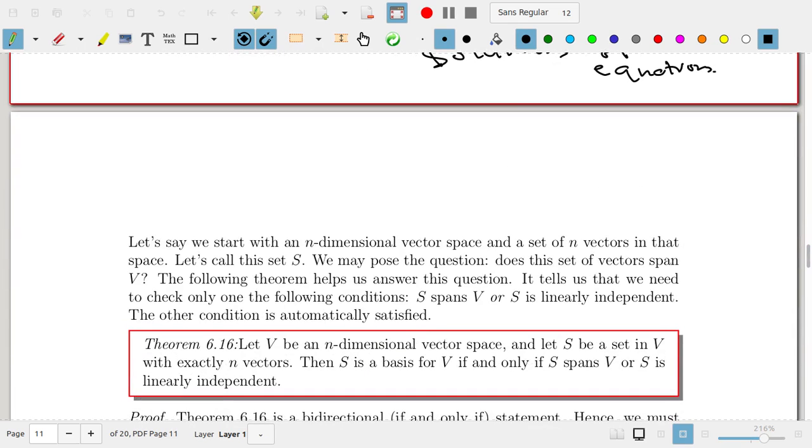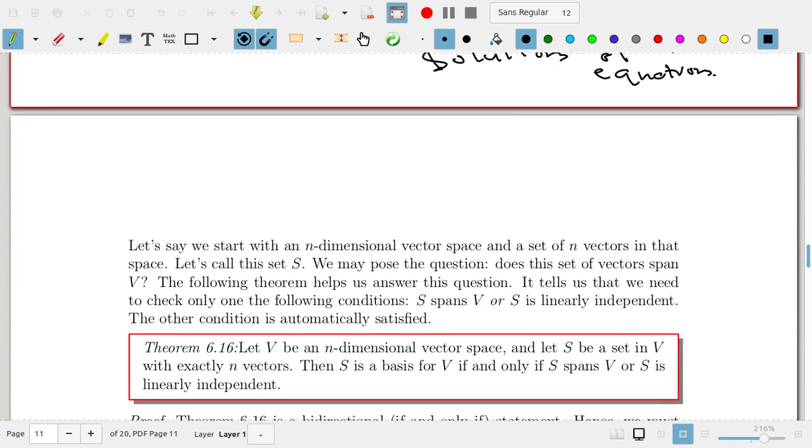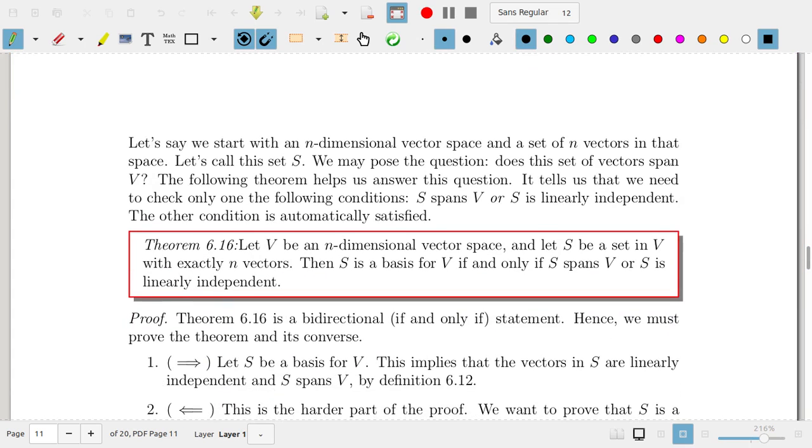Okay, so let's start with an n-dimensional vector space, and let's say we have a set of n vectors in that space, right?